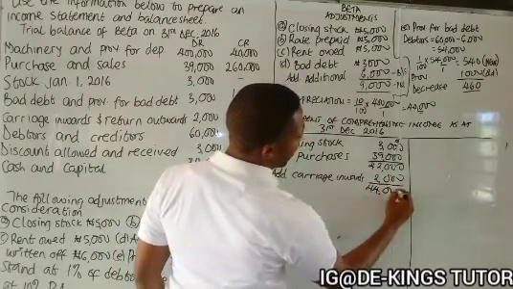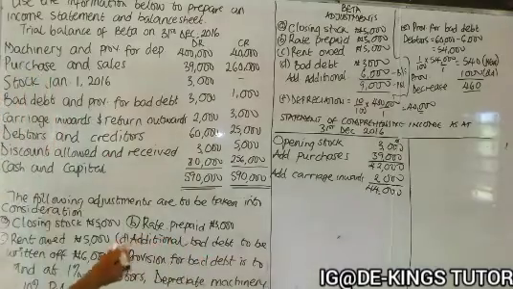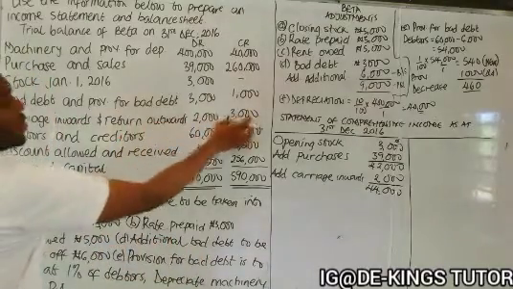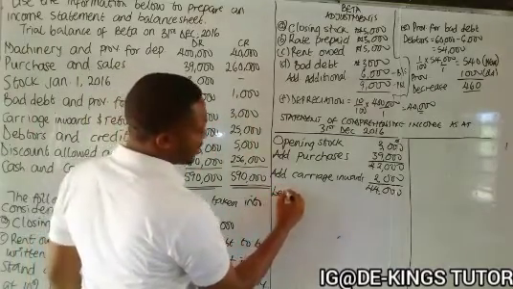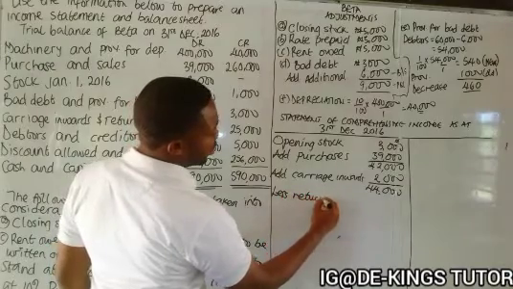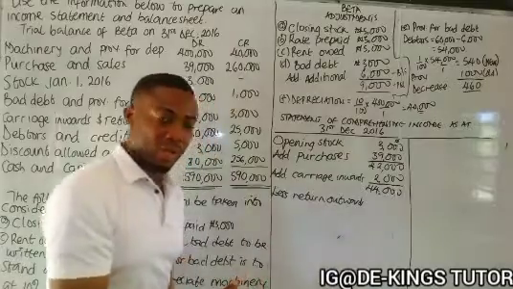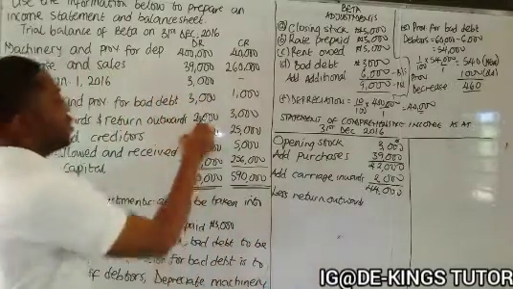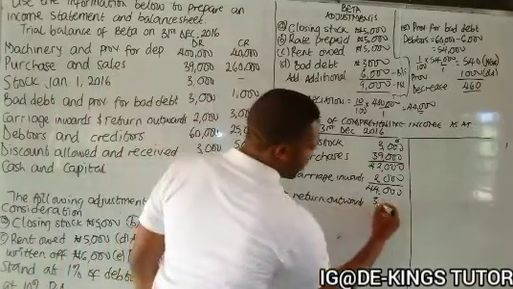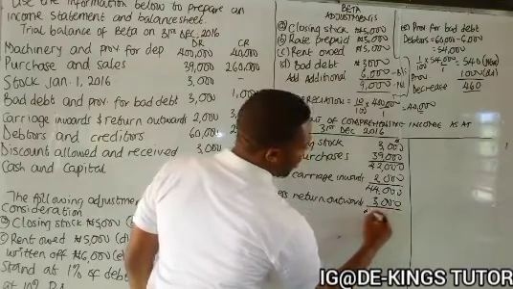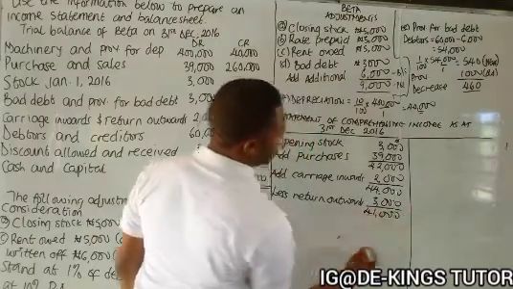That's 44,000. Check if there's return outward. There's return outward at credit. I'll do less return outward. All this was given in the format, okay? So you should be conversant with the format. That's 3,000. This will give us 41,000.